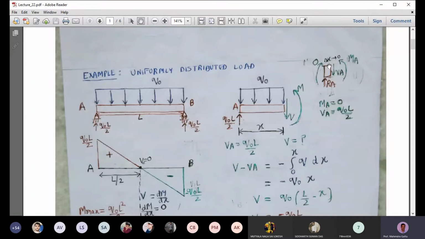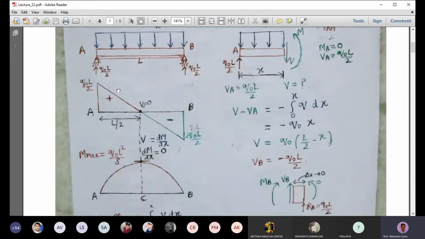But the delta x is very small, so that Q dx you can take to be 0. So we have RA is equal to VA, and MA, which is RA times delta x, will also be 0. So we will get VA is equal to Q naught L by 2. So the shear at location A is Q naught L by 2.